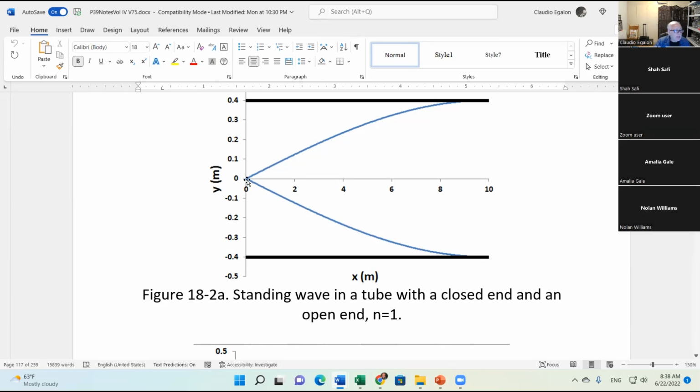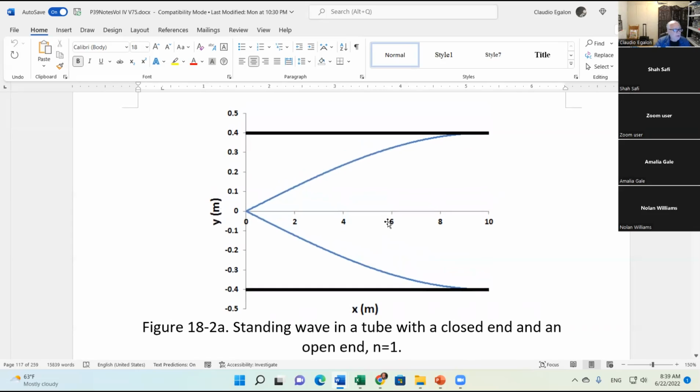It has to be at rest. Everywhere else, the particles would be oscillating with a larger amplitude here, smaller amplitude, until the amplitude becomes zero right here.